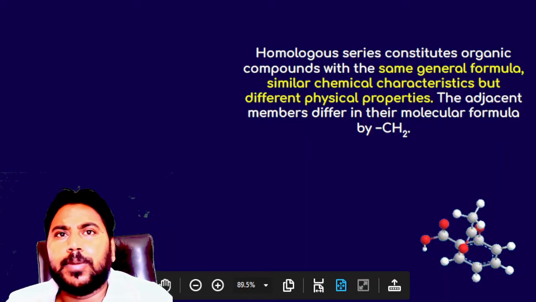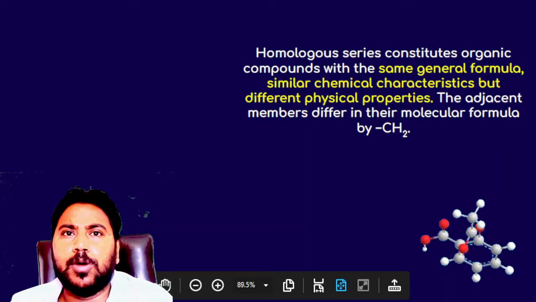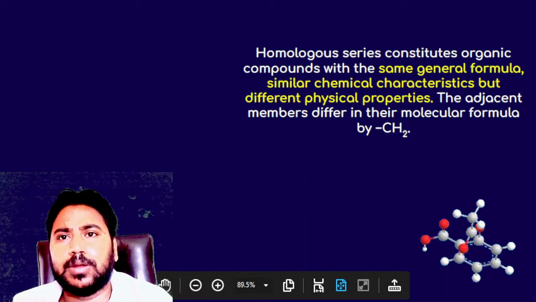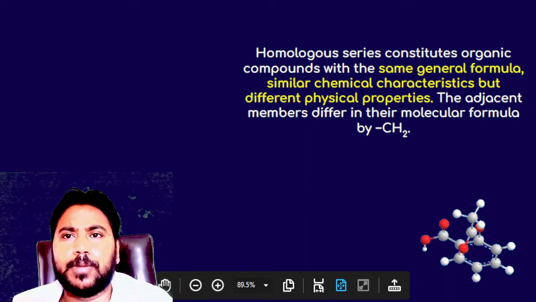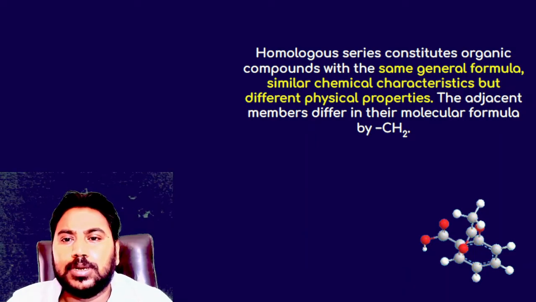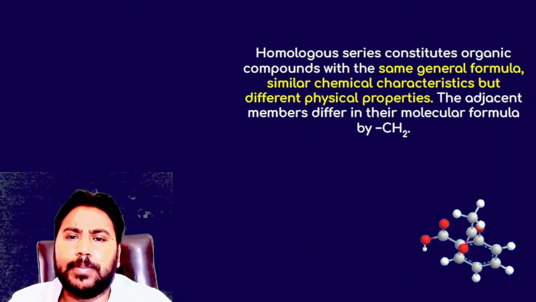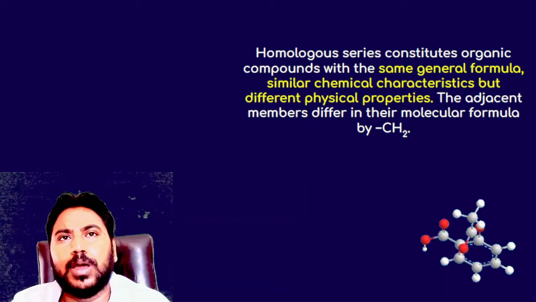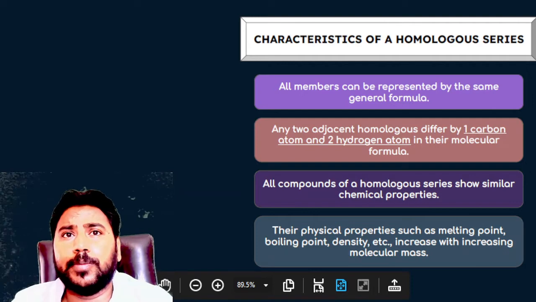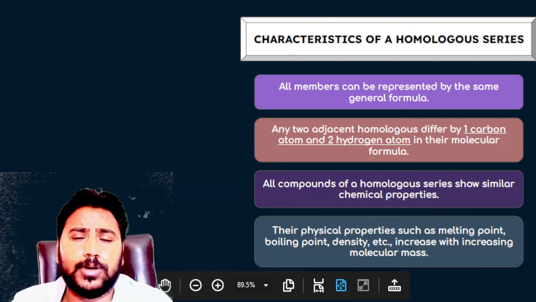Now let us talk about homologous series. So homologous series is the series of hydrocarbons which has general formula, similar chemical properties but different physical properties. The adjacent members differ in molecular formula by CH2. So here are some characteristics of homologous series.